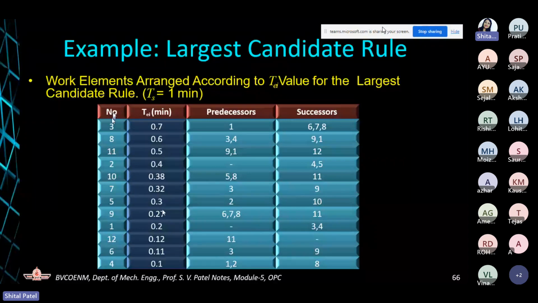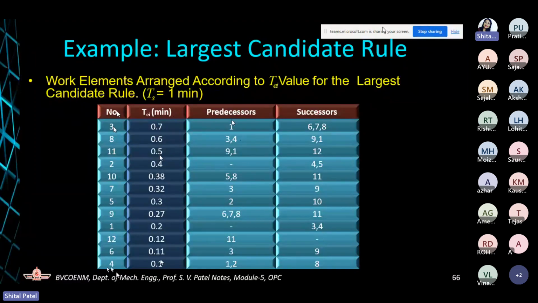In the very first column, the activity number, our first activity is activity number 3. Activity 3 consumes the maximum time, 0.7, so we take care of it first. Then we have 8, that is 0.6, then 11, 0.5. Similarly, the last one is activity number 4, and that is 0.1. This is the second column.